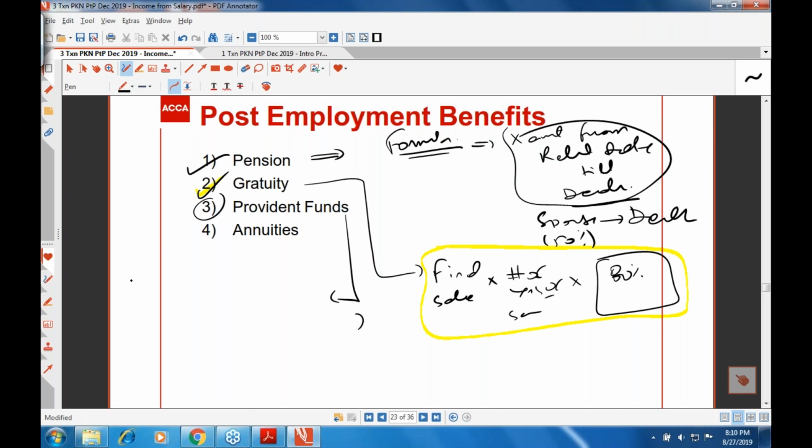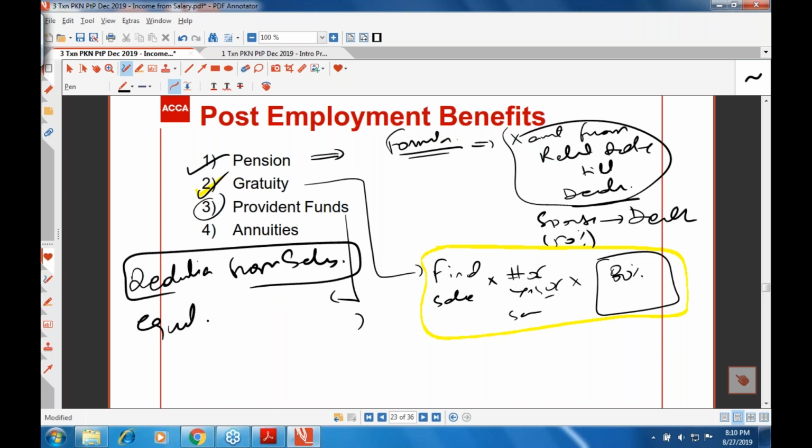Provident Fund is basically a scheme where a certain amount is deducted from the employee's salary, and an equal amount is contributed by the employer.